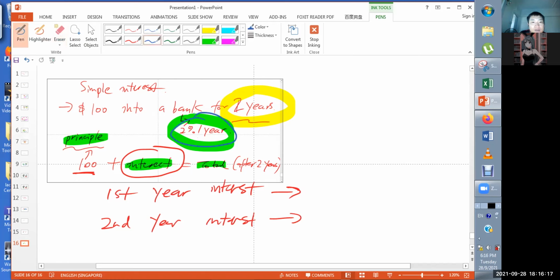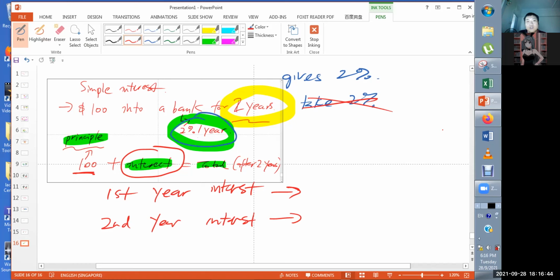The bank here gives 2%. Not take 2%. If they take 2%, that means you end up with less. So in this case, they don't take 2%. They give you 2%. There are banks that take 2% away from you.